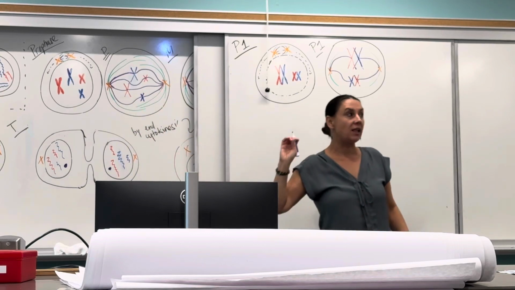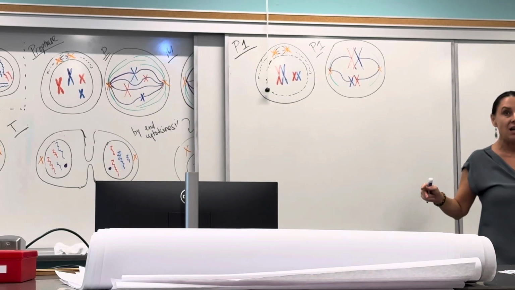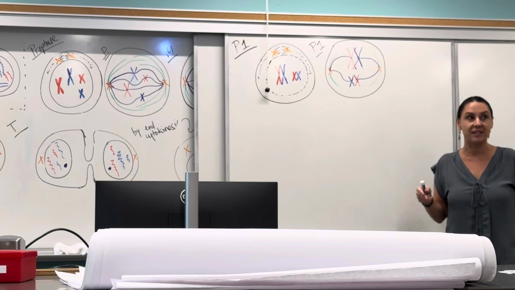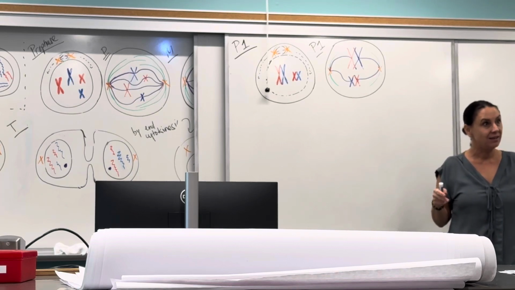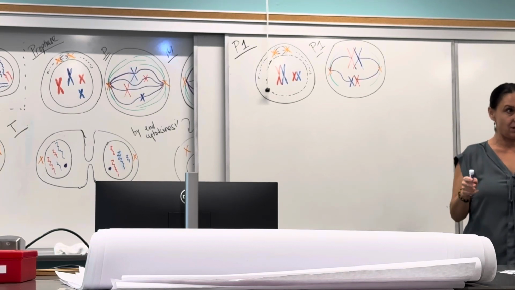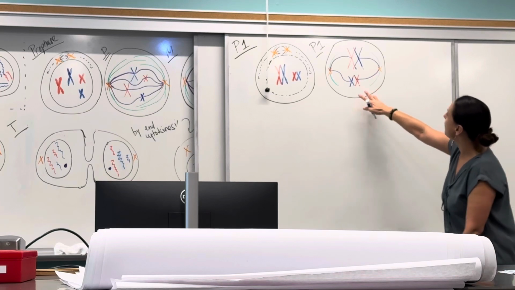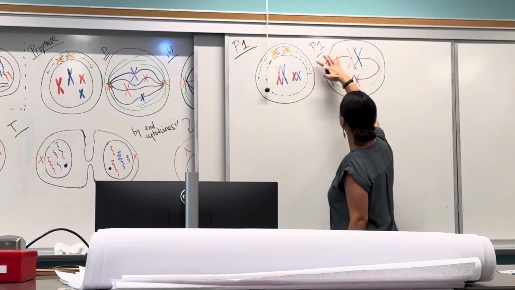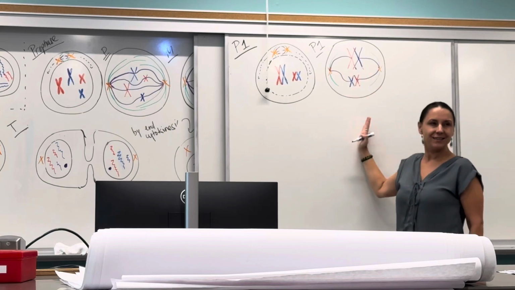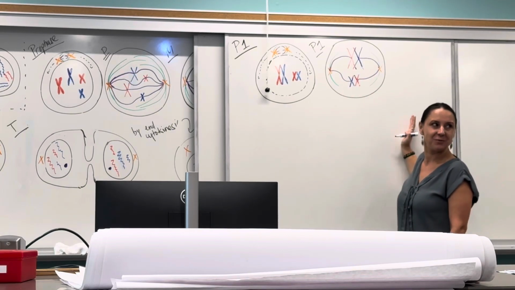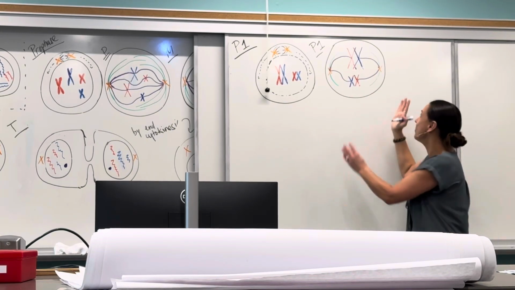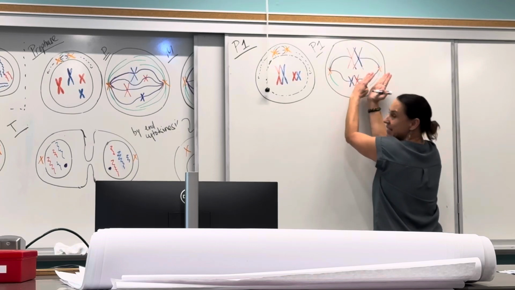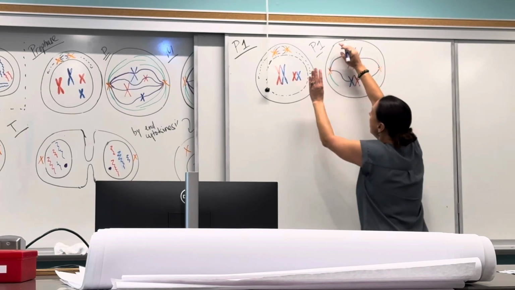And so what will happen next in metaphase 1? What will be brought to the center of the cell, the equator? The tetrads will be brought to the cell equator. It's already in the center, so this image in metaphase 1 is going to look identical.